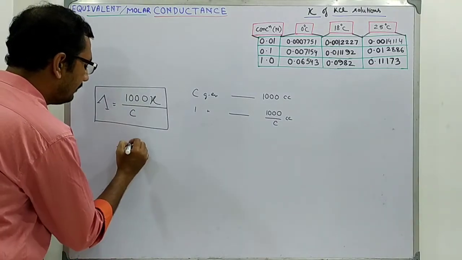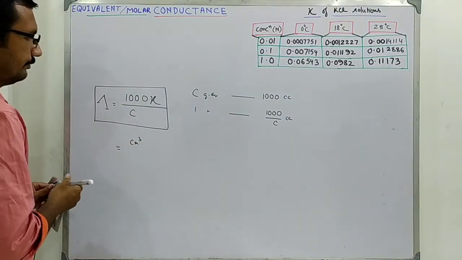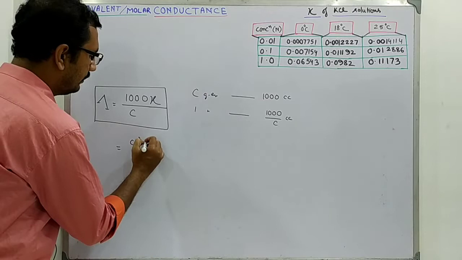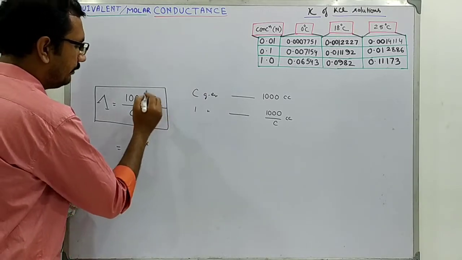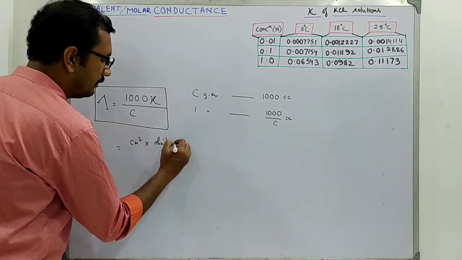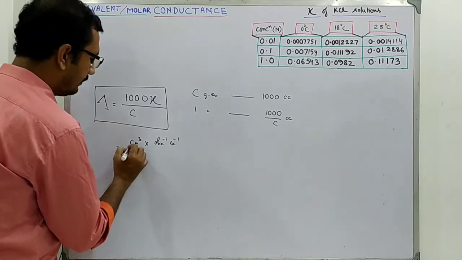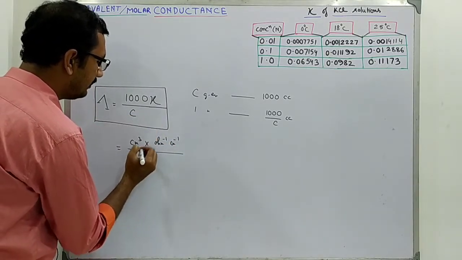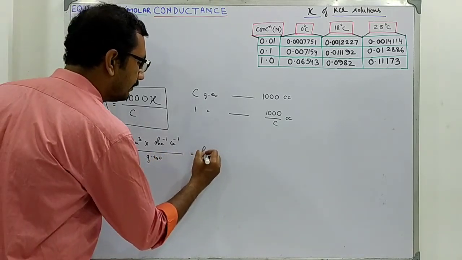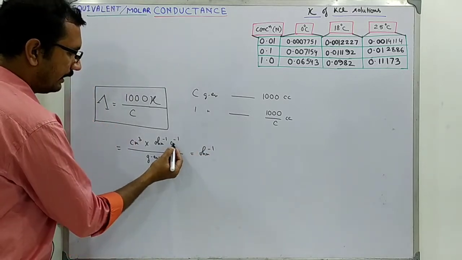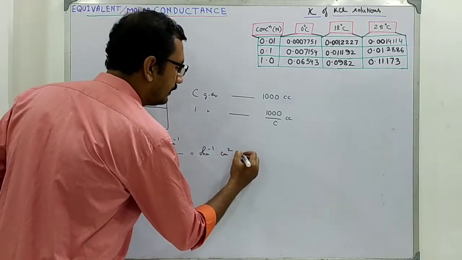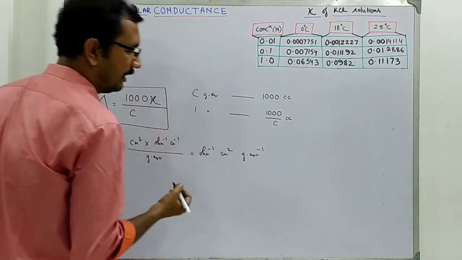So, here we have centimeter cube, 1000 cc. Now, what is the unit of kappa? It is ohm inverse centimeter inverse, and here it is C gram equivalent per liter. So, this will be ohm inverse, and centimeter cube, it will be centimeter square, and gram equivalent inverse.